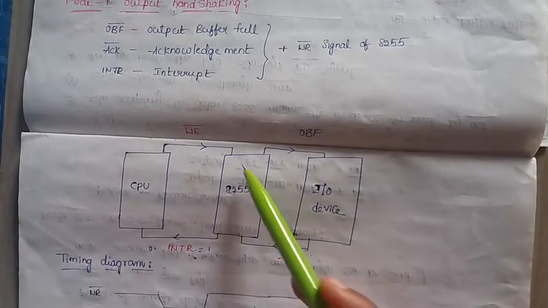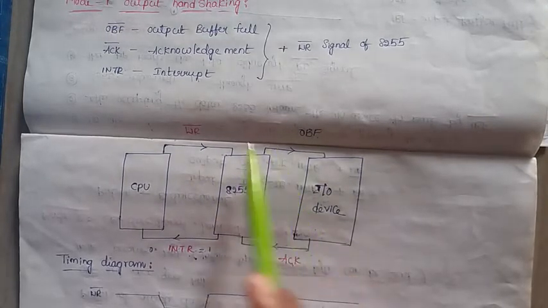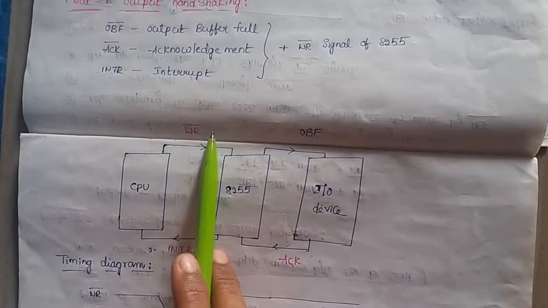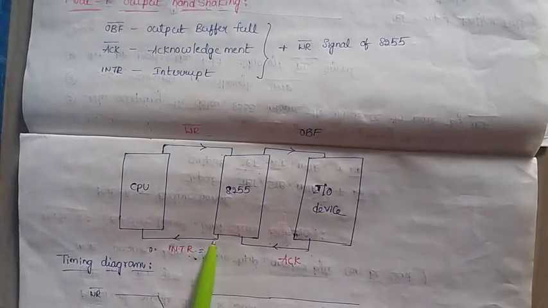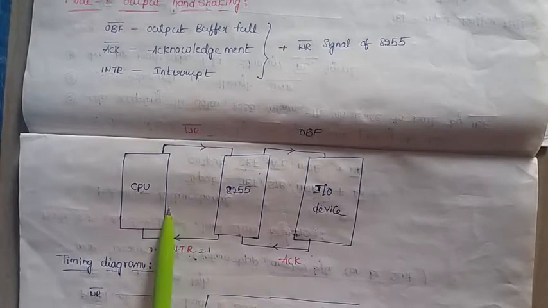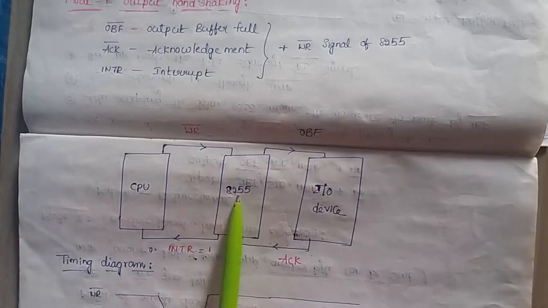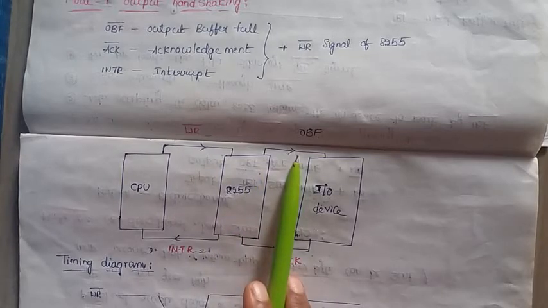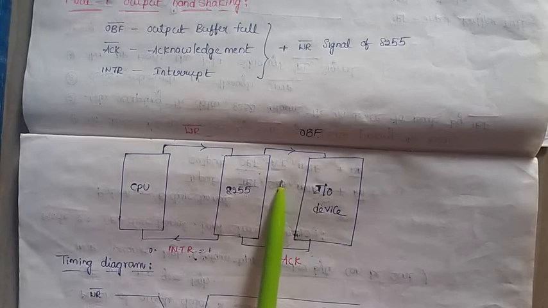When the output port is empty, the microprocessor writes the data on the output port by giving the WR bar signal. As soon as the write operation is completed, 8255 makes the INTR low, indicating that the microprocessor should wait. This prevents the microprocessor from sending more data to the 8255, and hence data loss is prevented. Next, 8255 also makes the OBF low to indicate to the output peripheral that data is available on the data bus.